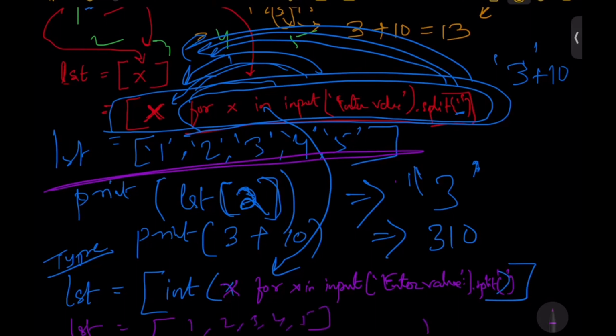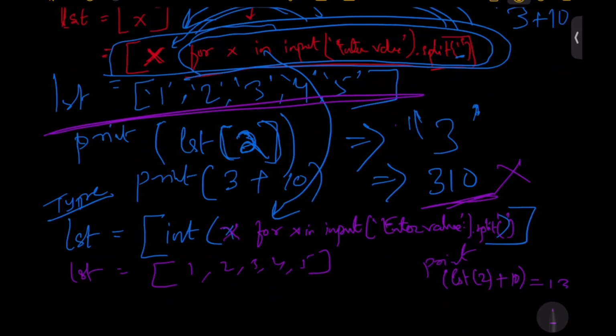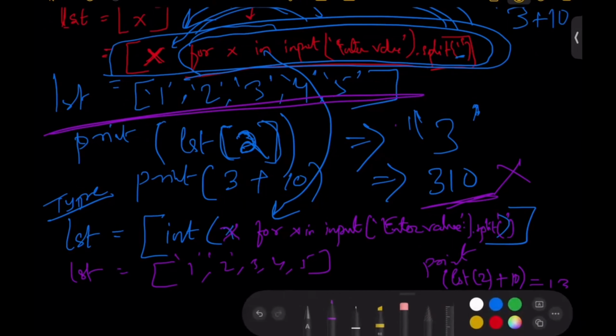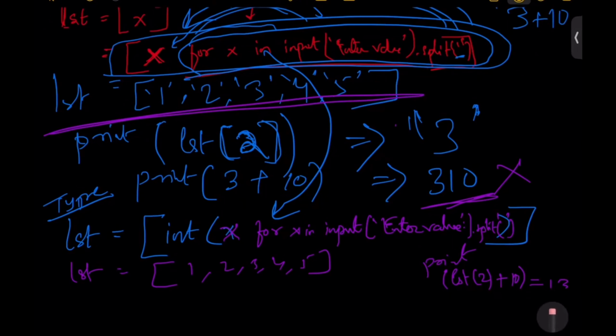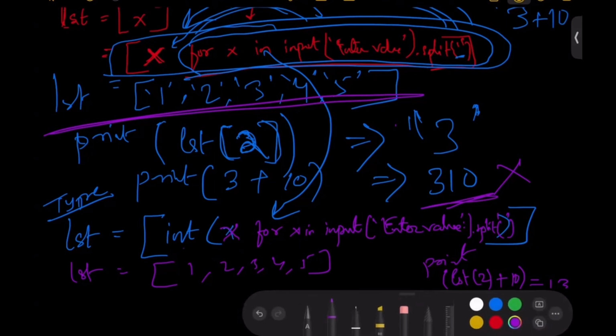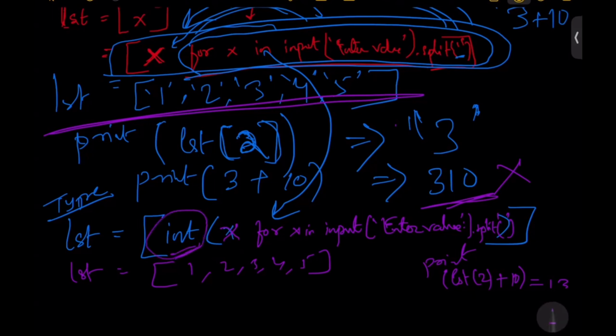Now if you add print LST of 2 plus 10, it will give you 13, not 310. Why? Because you have converted it into integer. See, it doesn't have these quotes anymore, since you have converted into int. You did the type conversion, which you learned initially.